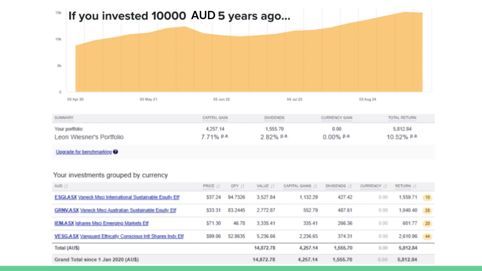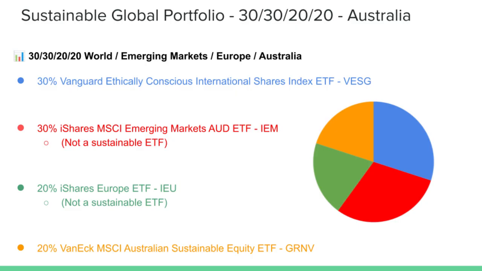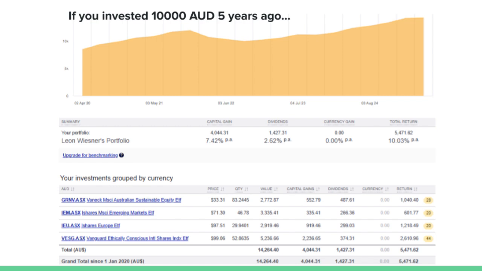This next portfolio is a slightly different version of this, kind of similar, but as you can see, the ESGI component was taken away, and instead you have the IEU. That just gives you some more EU exposure, but note that these are actually not sustainable ETFs. That doesn't mean they are unsustainable. It just means that they haven't got the sustainable exclusion criteria applied as the other ETFs that we have discussed in the previous section.